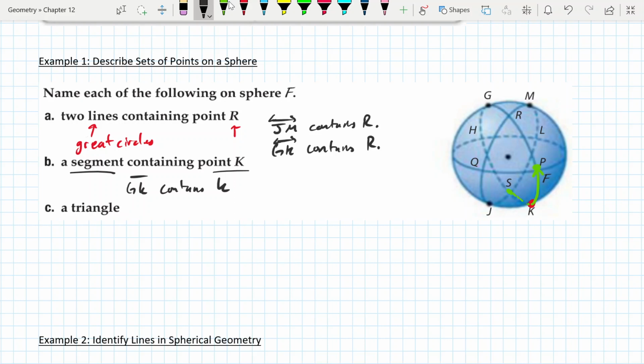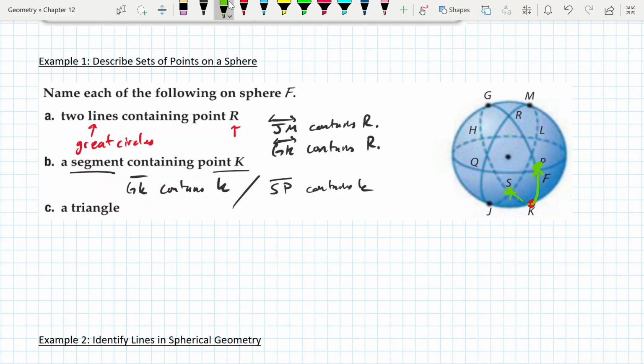And so we'll say also SP contains K because it goes from point S to point P, and it's a segment. It's not going on forever.